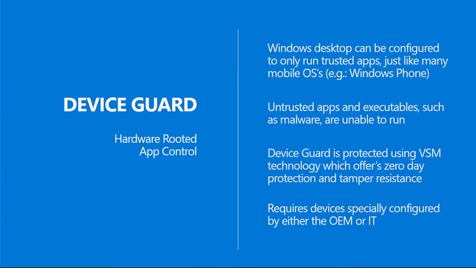And so we're essentially using this hardware technology and virtualization to further isolate these Windows components away, and those components determine whether these apps are actually trustworthy. And this helps protect against attackers and malware that have got elevated privileges on your machine.